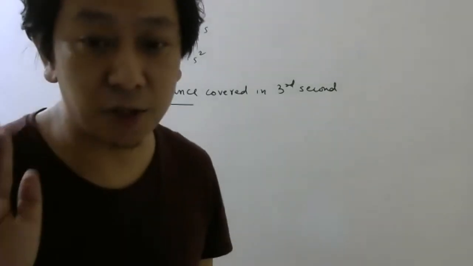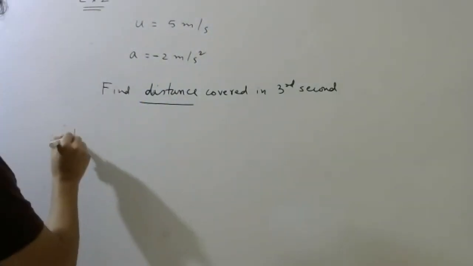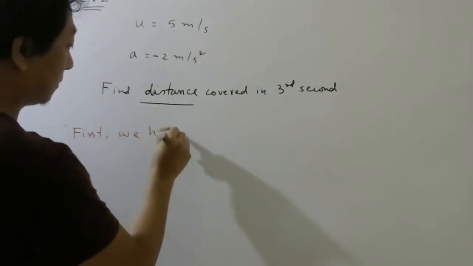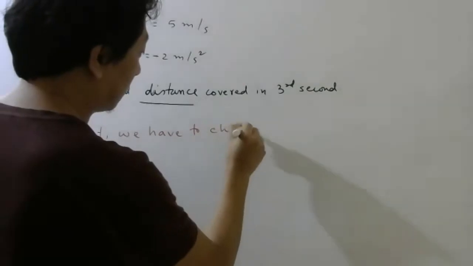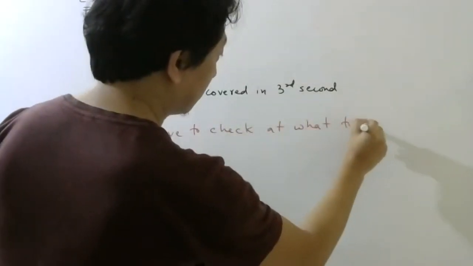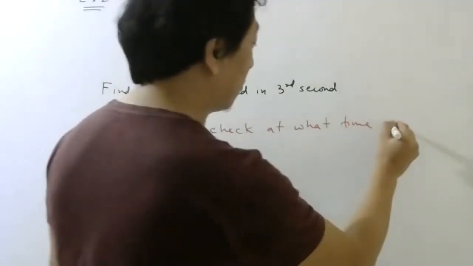First, listen carefully, now stop writing. So first, what do we have to do in this problem? First, we have to check at what time it will turn, and whenever it turns, velocity will be what?